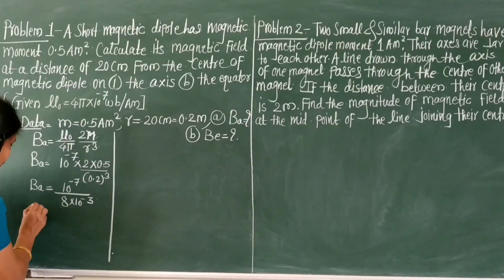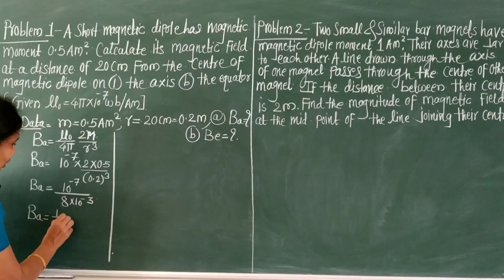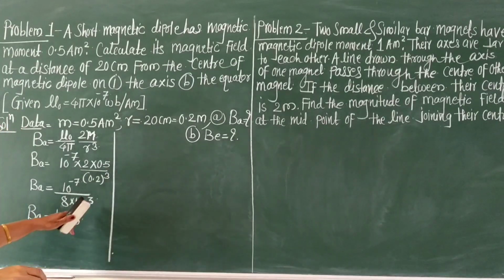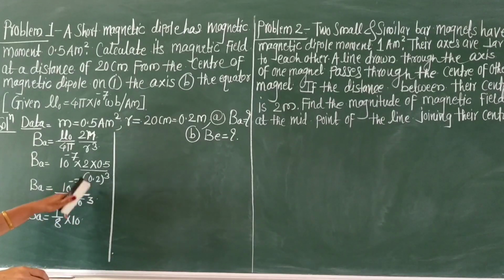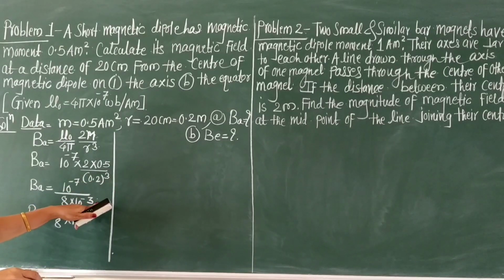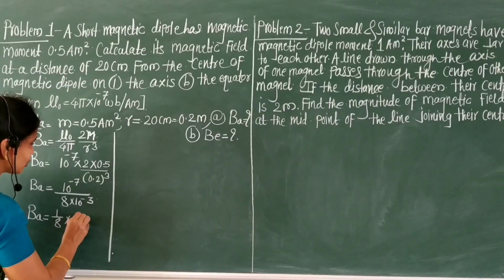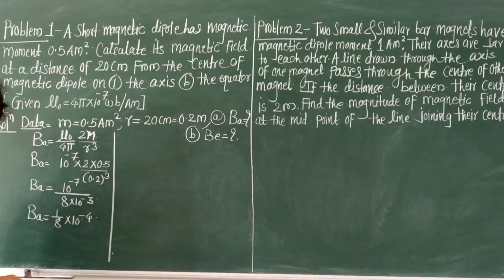Okay, therefore, BA is equal to 1 upon 8 into 10 raised to minus 7 upon 10 raised to minus 3. Therefore, it becomes 10 raised to minus 4. Okay. Then what is 1 upon 8?